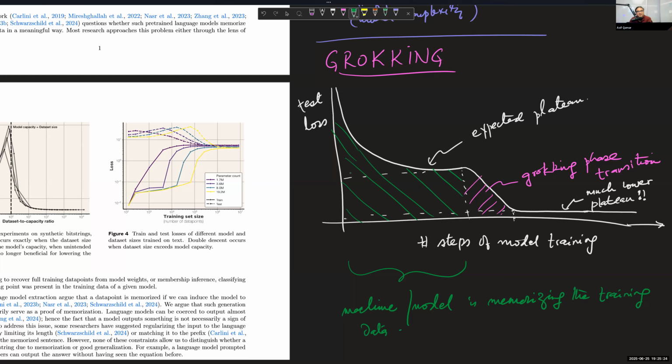When you memorize the training data, as you can imagine, there's only so much memorization you can do. After that, you have memorized the whole training data. It looks pretty good. But your test loss is not going to improve because it has not learned to generalize. It has not learned it. It has just memorized the data.